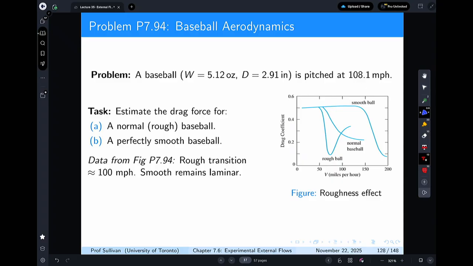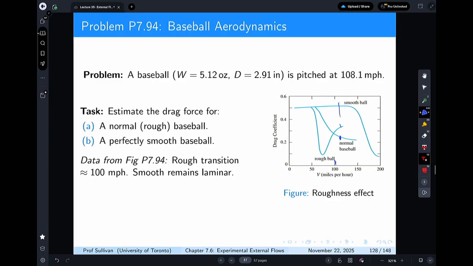You could always, and there's lots of ways to manufacture them, make a perfectly smooth one. So rough transition is about 100 miles an hour, so roughly around there. Smooth remains laminar.